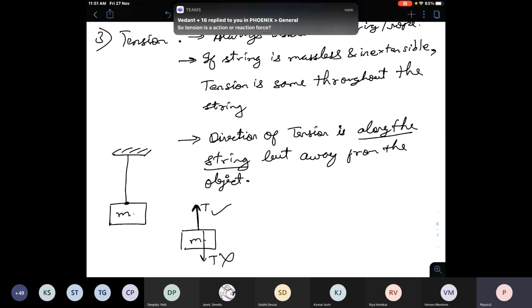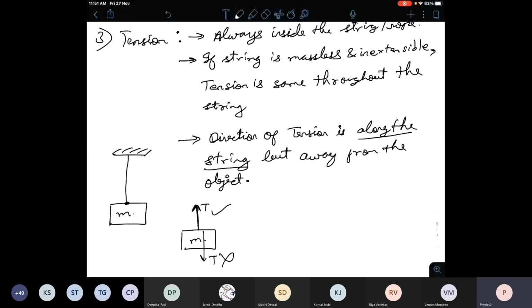See, if the string were at its natural length, if there is no force being applied on it, there is no tension created in the string. But here, the mass wants to go down, so it is pulling the string. It wants the string to increase its length. So the string is opposing that intention of the mass.